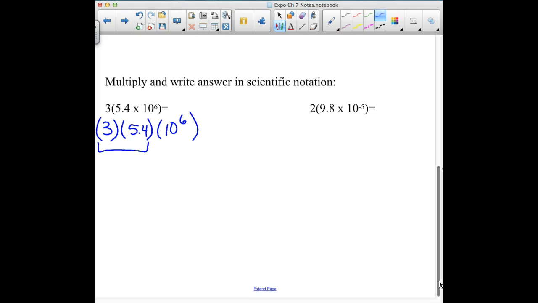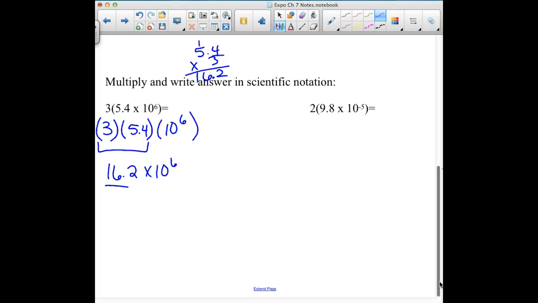So grab your calculators if you need to, otherwise just multiply by hand. 5.4 times 3. 3 times 4 is 12, carry our 1. 3 times 5 is 15, plus the 1 is 16. We had one decimal spot, so we have one space after our decimal. We end up with 16.2 times 10 to the 6th. But is that in proper scientific notation? No, because this is too big.